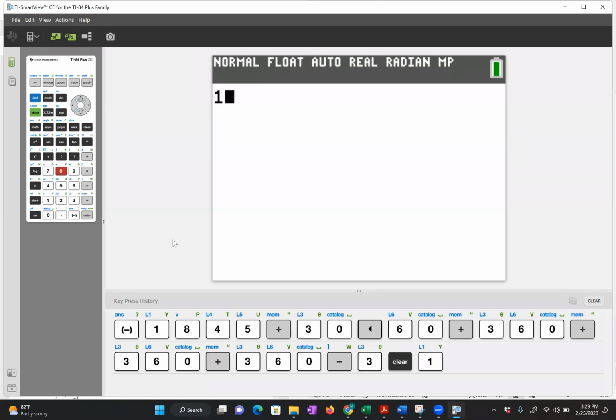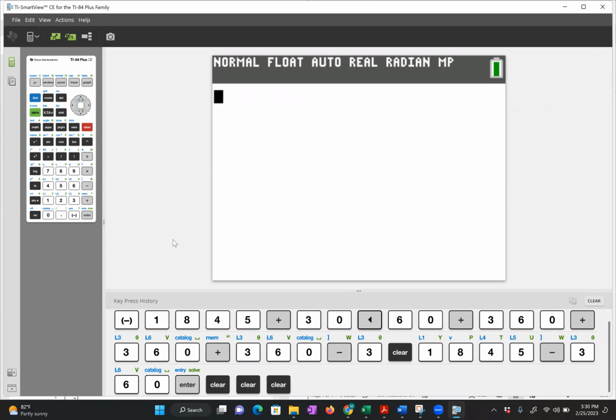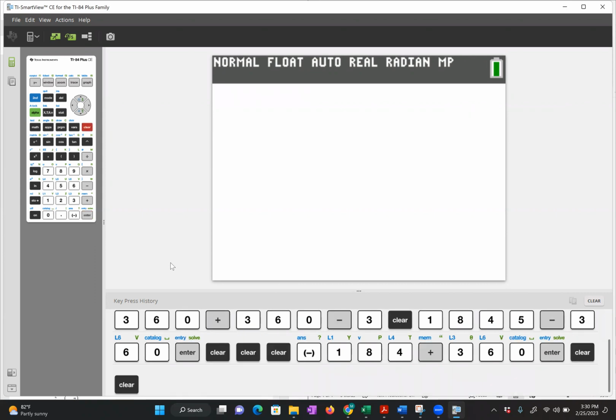Let me do it step by step, 1845 minus 360. I'm still negative. Doggone it, it didn't even start with a negative. I started originally with an integer. So let me do 1845 plus 360. Let's go that route. One day, guys, one day.